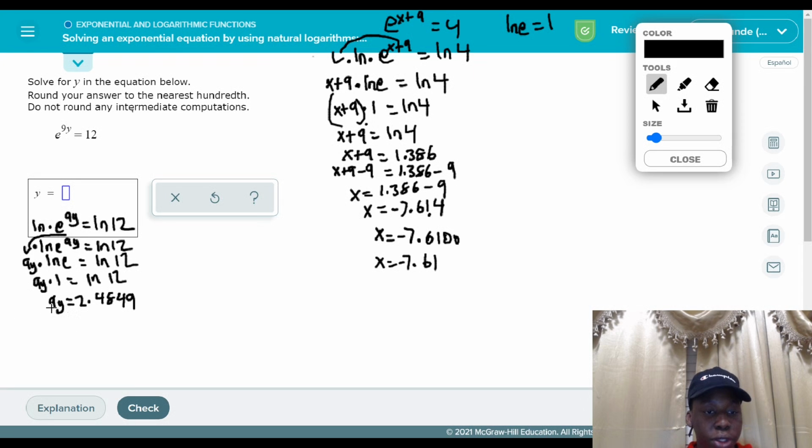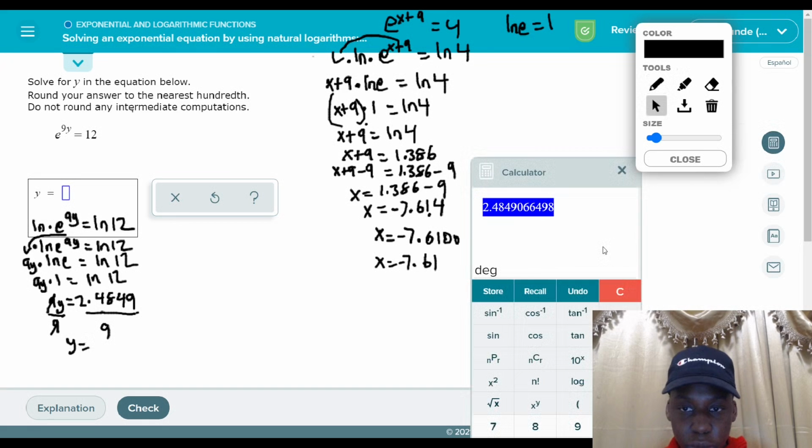You're going to work with this like any other normal equation. If you're given something like this, all you have to do is divide both sides by 9. So you divide here by 9, and divide here by 9 also. This turns into y equals 2.4849 divided by 9.